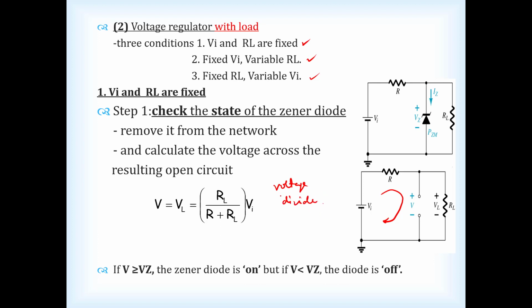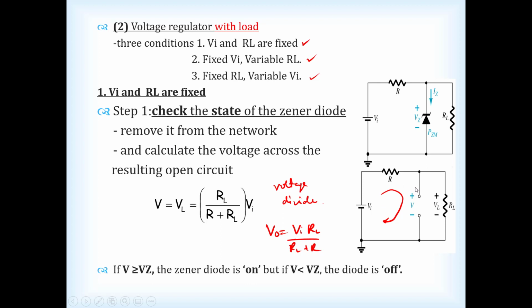If you notice, the voltage divider is V out equals V in times RL over RL plus R. If you are not sure, you can use Kirchhoff's voltage law. This is an open circuit. Why is it an open circuit?